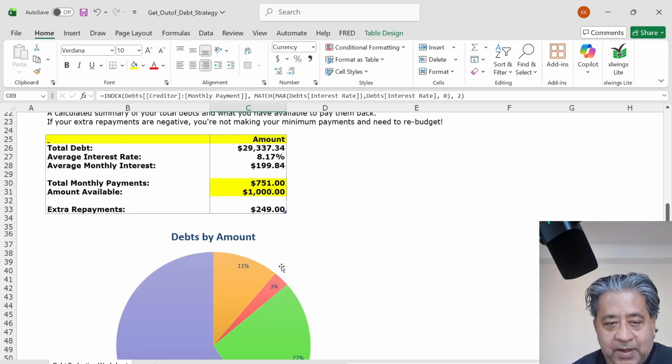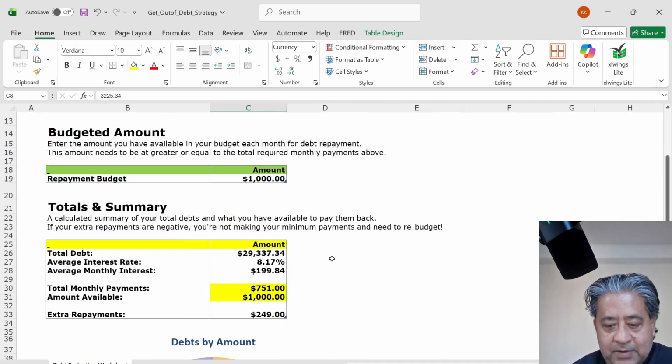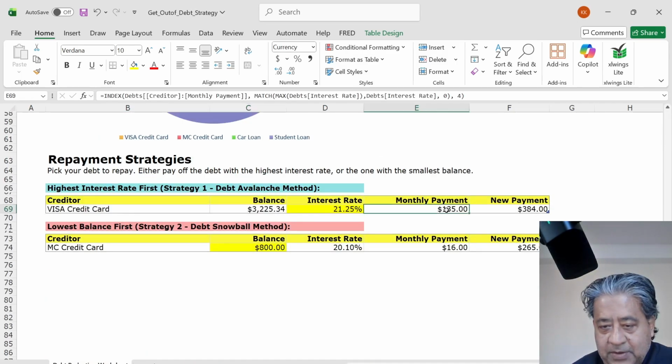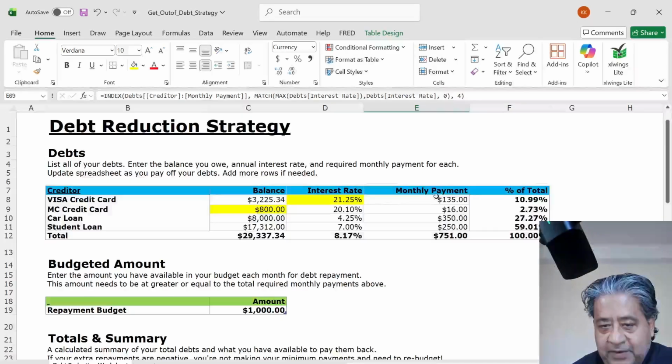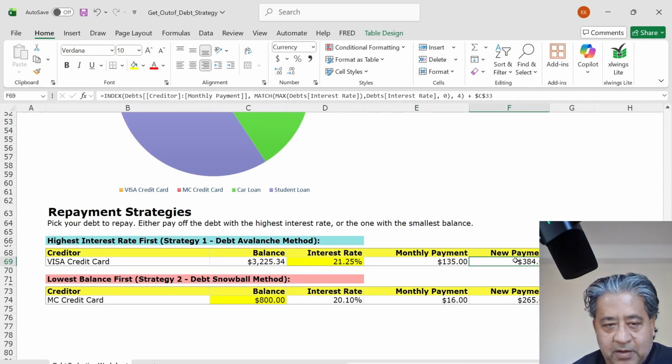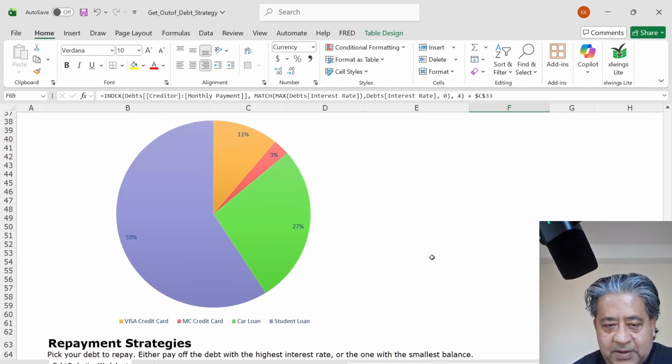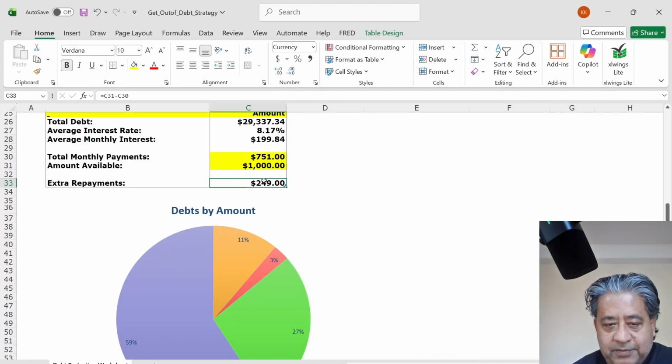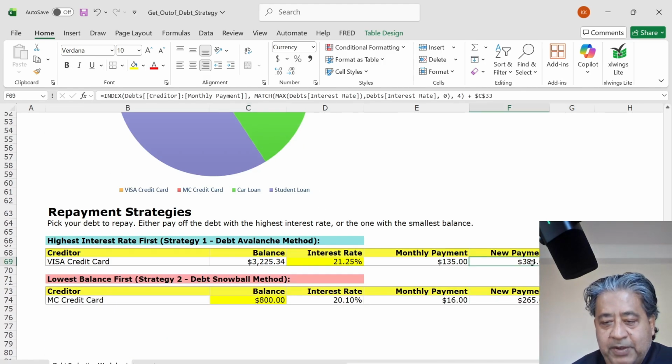And this is your balance, $3,000 in here, and monthly payment is $135. So you could basically pay off this plus you have the extra payment of $249. So you can pay off that debt. So 384. So in a way, you are paying off the highest interest rate.